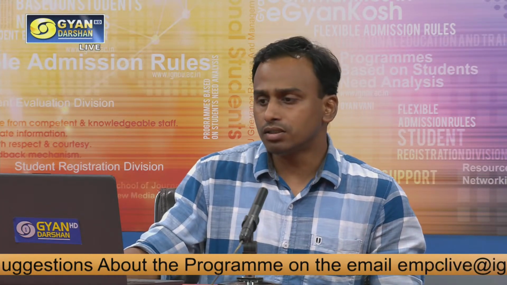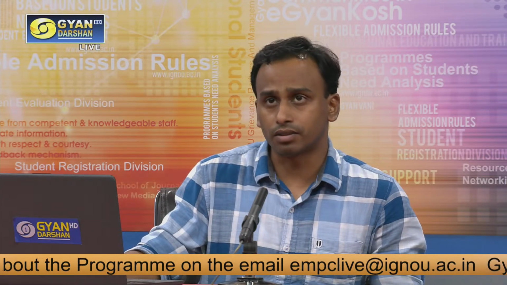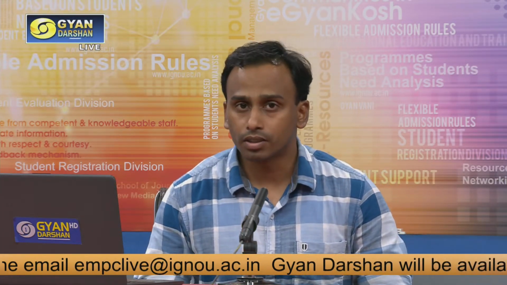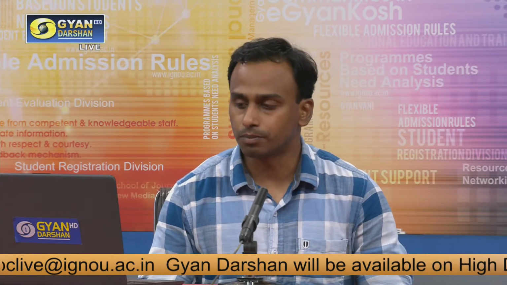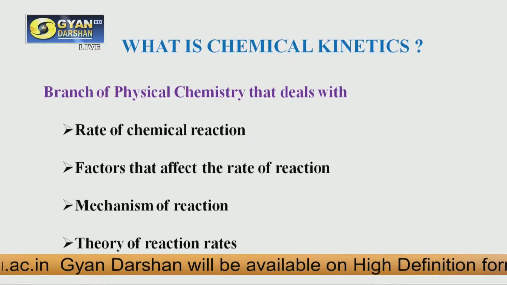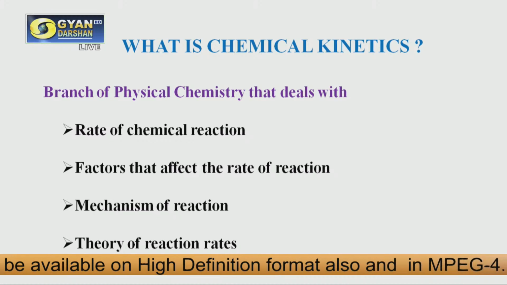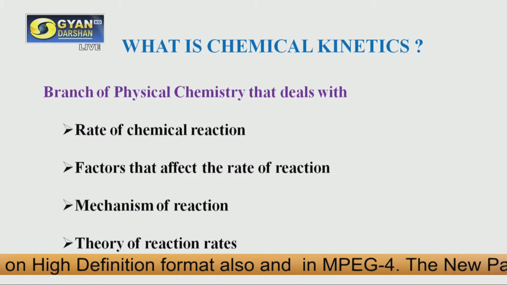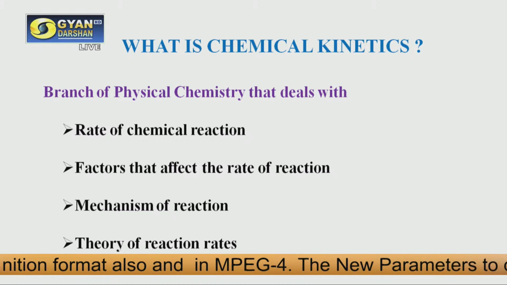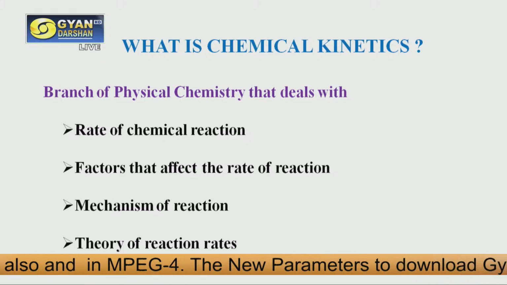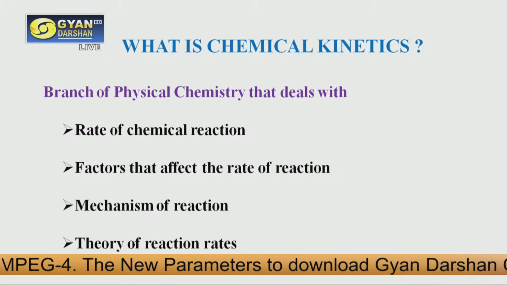So here comes the idea of chemical kinetics. Basically this is the branch of physical chemistry that deals with the rate of chemical reactions, how fast or how slow a process is. It also covers the factors that affect the rate of the reaction. Which factors affect the rate? If the reaction is fast, how can we slow it?